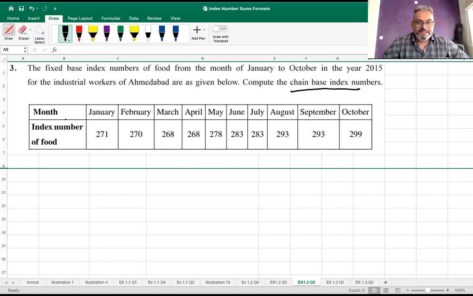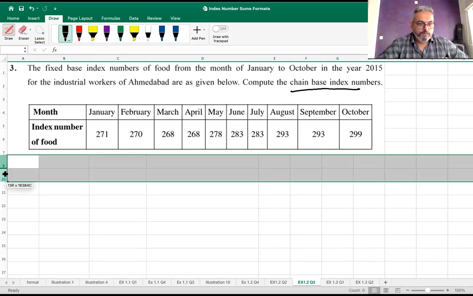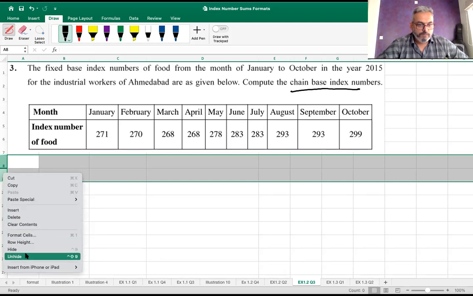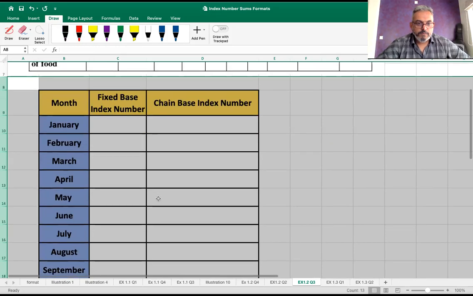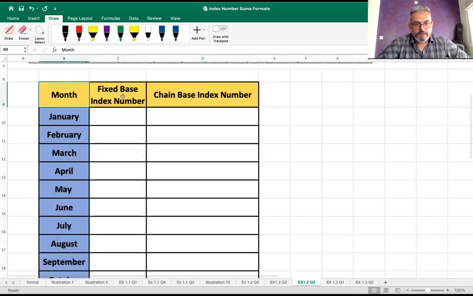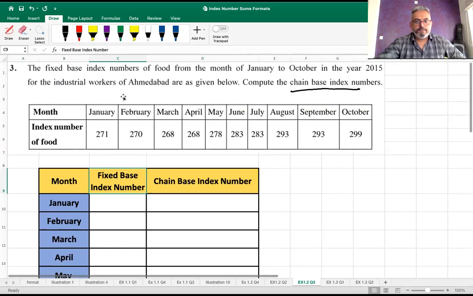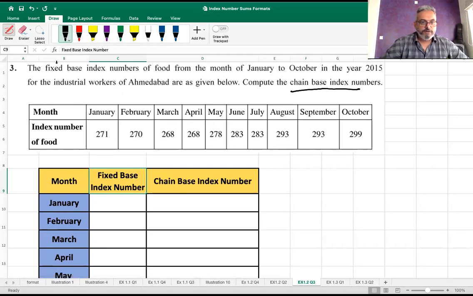Now, months are given, index number is given. So make the format, write the months; fixed base index numbers are already given. So we have to find CBI from FBI.